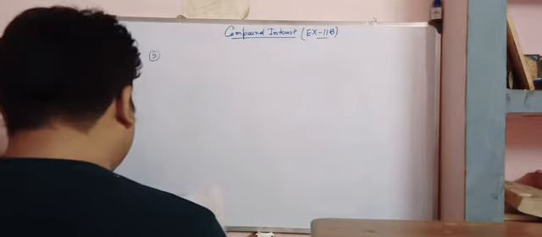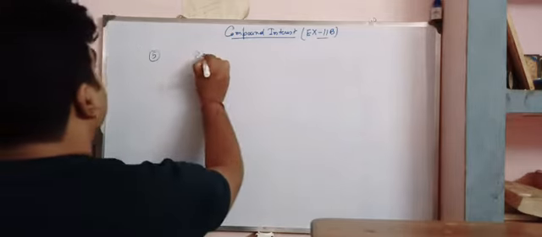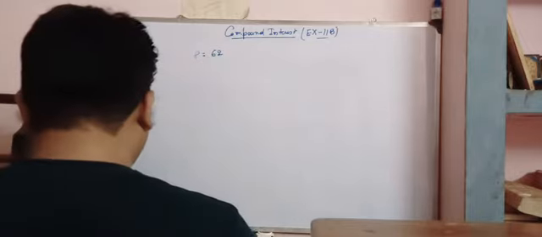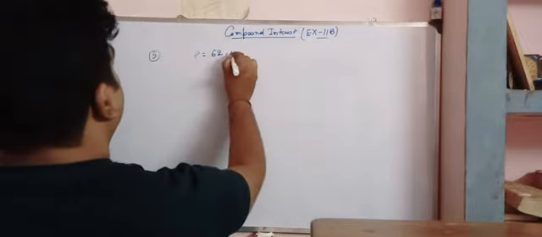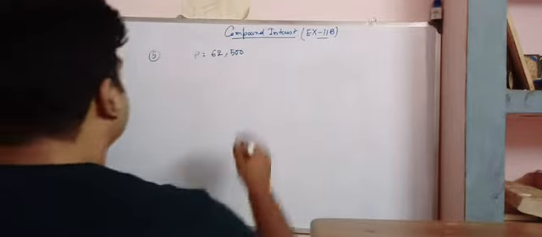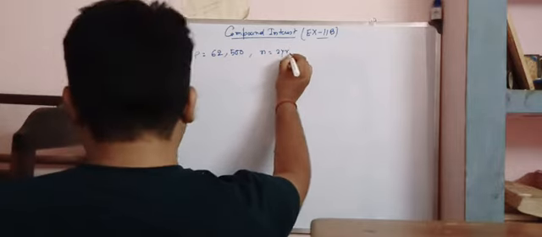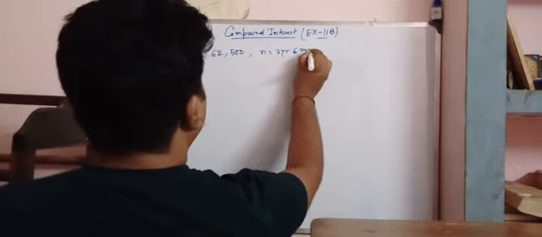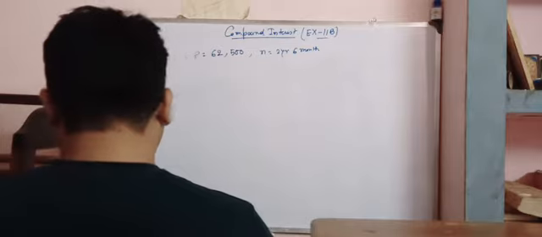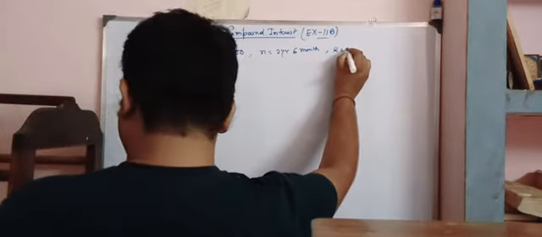The principal is given as 62,500, the time n is equal to 2 years 6 months, and the rate percent is 12%.